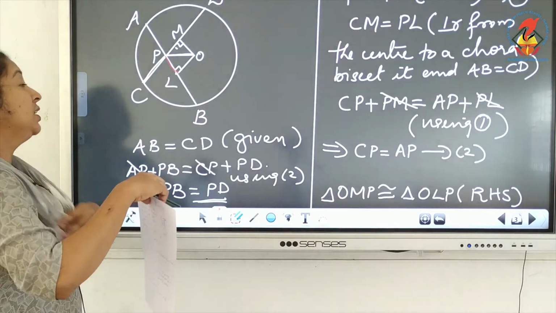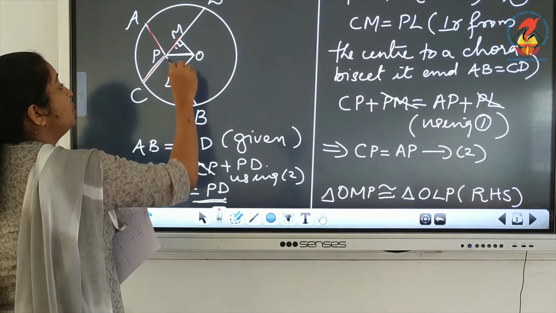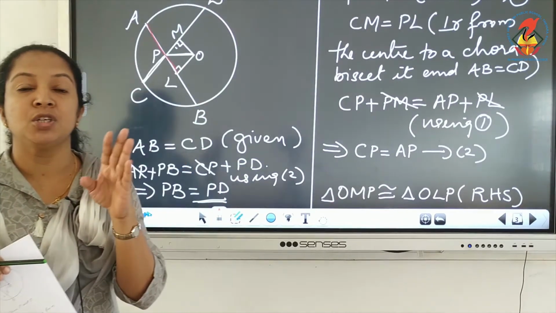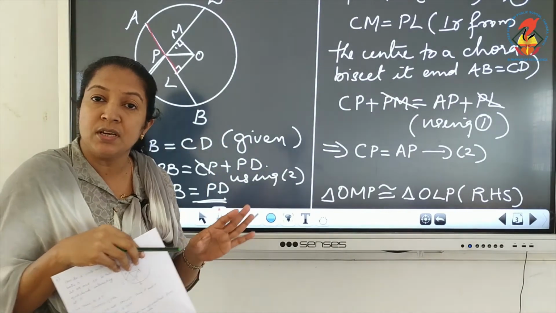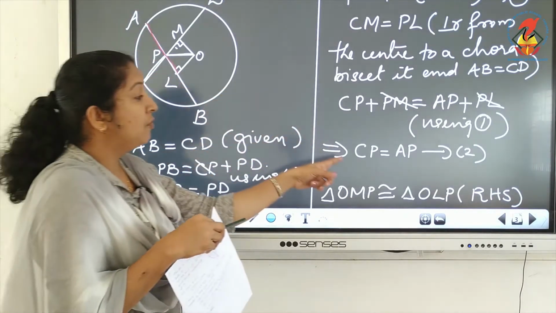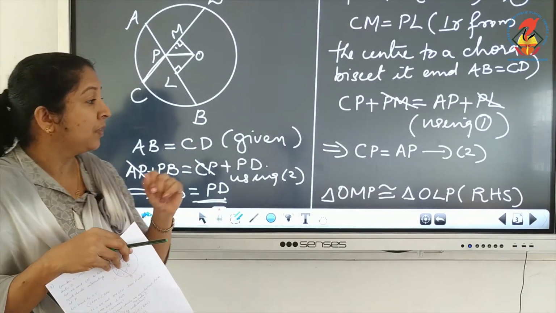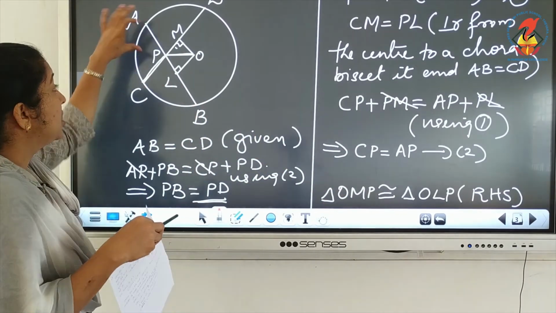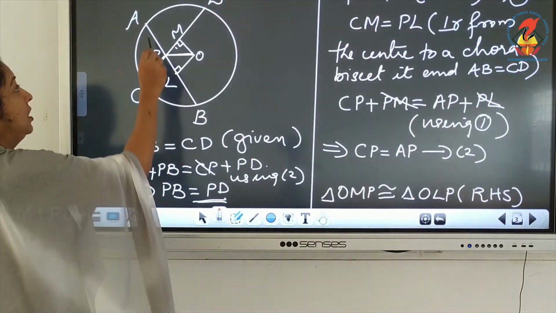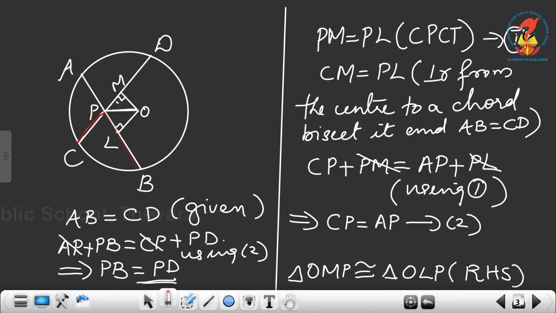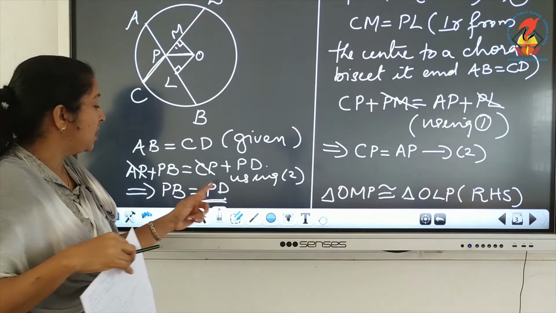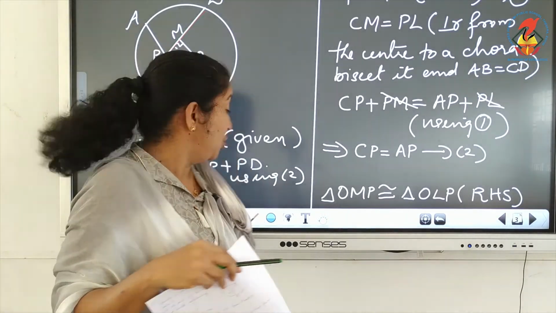Then we took CM is equal to AL because the perpendicular from the center to the chord bisects the chord, and both the chords are equal. Then we split it and got CP is equal to AP. Lastly, we took the total lengths AB and CD, writing AB as AP plus PB and CD as CP plus PD. Since AP and CP are equal, we get PB is equal to PD.